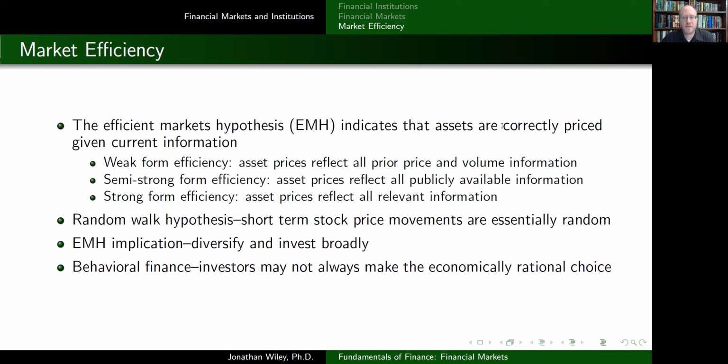So if there's a fire at an oil refinery, or war starts breaking out in the Middle East, or the Federal Reserve changes interest rates, or new unemployment data comes out, or pretty much fill in the blank for anything, company specific or economy wide, the stock market or companies' stocks tend to start responding very rapidly to that new information.